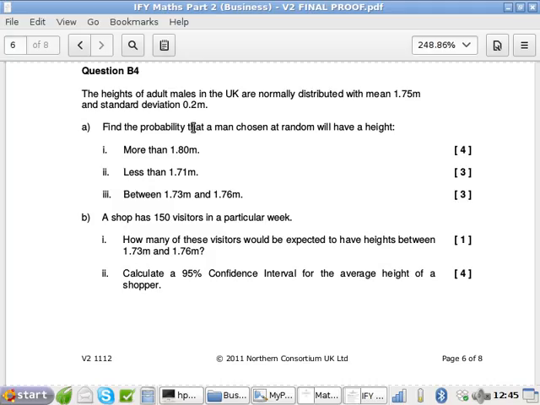What answer did you get for A part 3, Malik? 0.05. So 5%. So you're saying 5% of people are between those heights. So if you have 150 people, that tells me there should be about 7 or 8 of them between these heights. Yeah, 8 then, yeah. It's a 1 marker, so it should be something pretty quick.